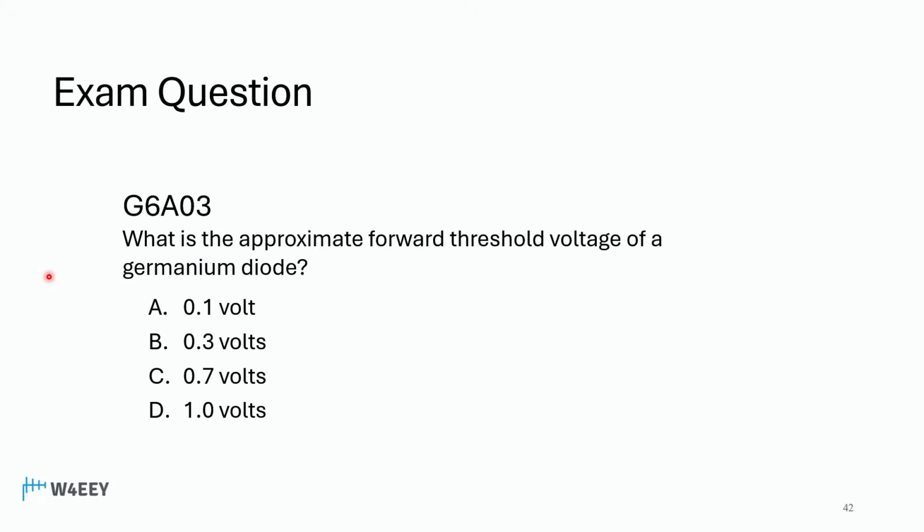All right, moving on. What is the approximate forward threshold voltage of a germanium diode? Bravo, 3/10. What is the approximate forward threshold voltage of a silicon junction diode? Charlie, 7/10 of a volt.